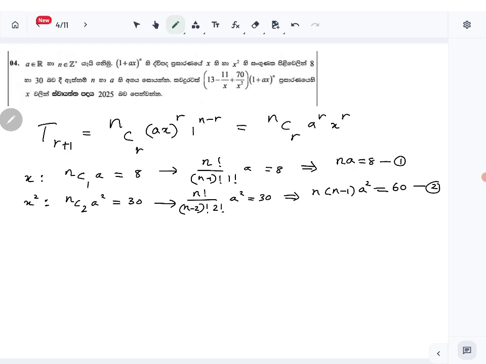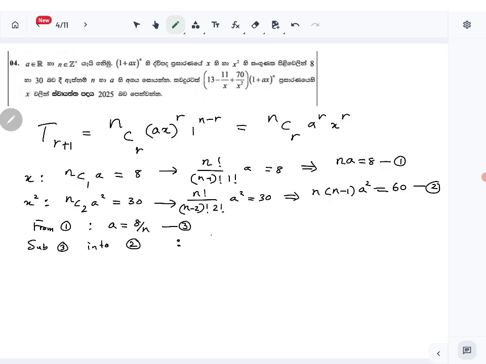So now simultaneous equations. So let me do what from 1: a equals 8 over n. Let me take it as 3, then sub 3 into 2.